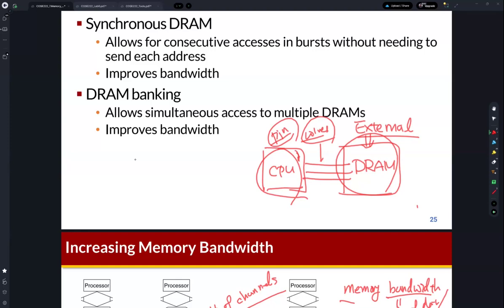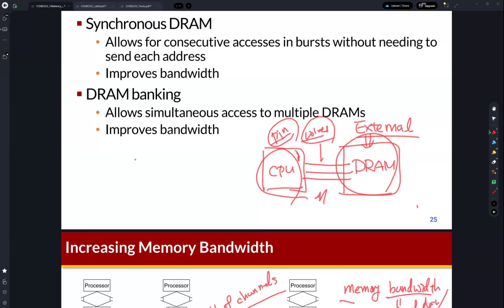Okay, so actually pin is also expensive. Pin is expensive, and then the metal wire on the PCB is expensive. So what does that mean? In order to increase the bandwidth, it means the channel, it means the wire. In order to increase the number of channels between the CPU and external memory, like DRAM, the cost is very high, right?